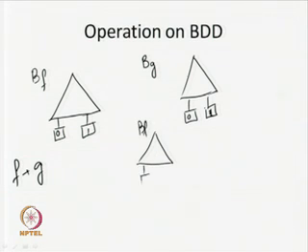If the value of the function f is 1, then f plus g will be 1, but if the value of f is 0, then we have to look at the valuation of function g.